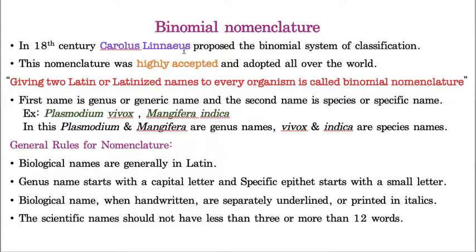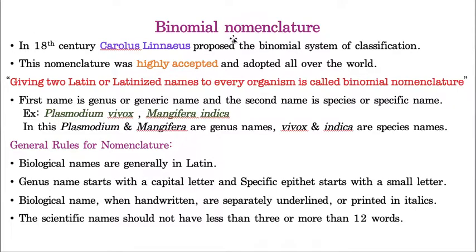He cannot frame or chalk out his own rules. Hope you understand. And as I clearly mentioned, binomial nomenclature is highly accepted right now. Whenever a taxonomist identifies any new individual and wants to name it, obviously he has to follow binomial nomenclature only. That's why it is a highly accepted type of nomenclature.